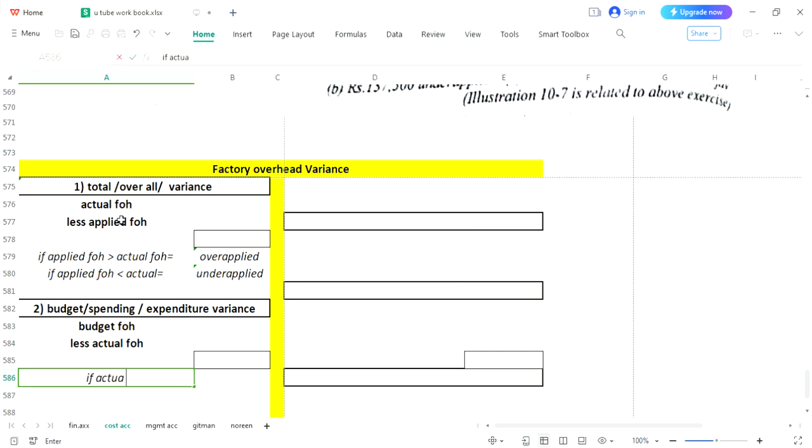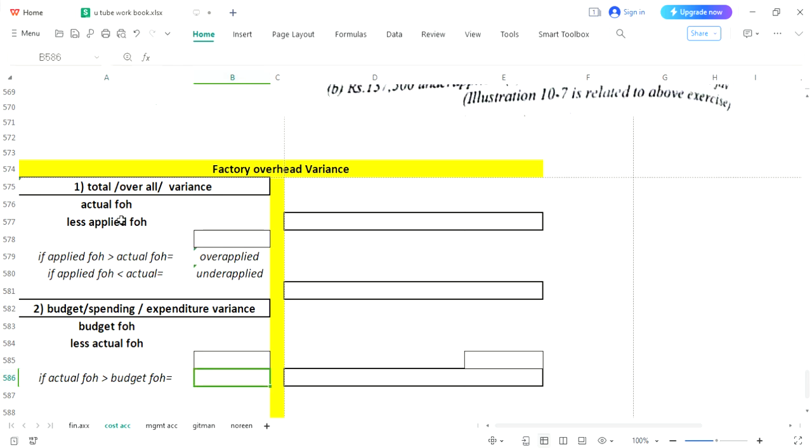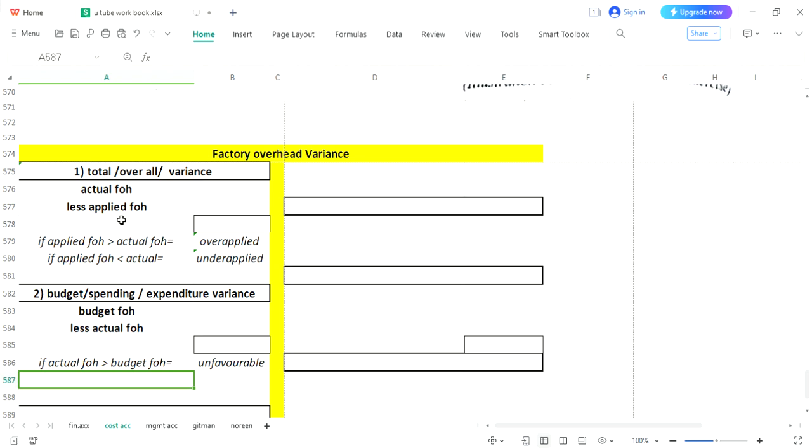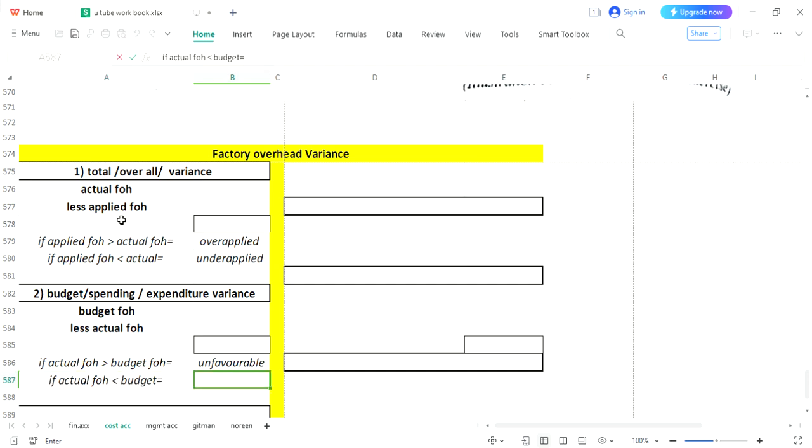So if actual FOH is more than budget FOH, what would we say? Actual is more. Whenever you are spending more in actual, it would not go in your favor, so you will conclude as unfavorable. Contrary to this, if actual FOH is less than budget, you will conclude as favorable variance.